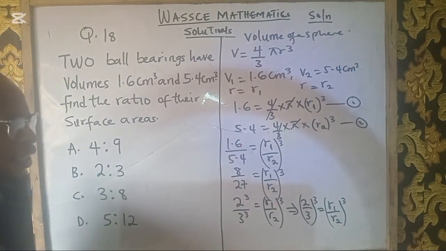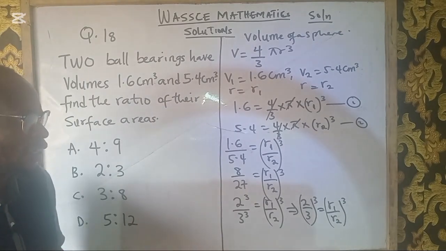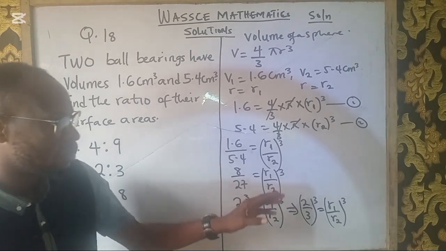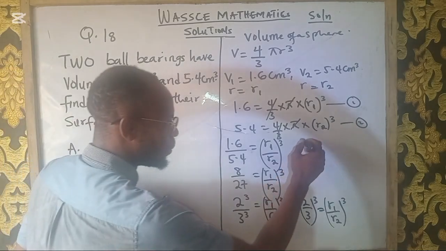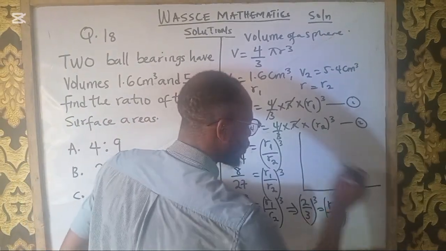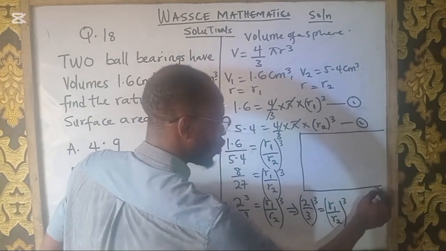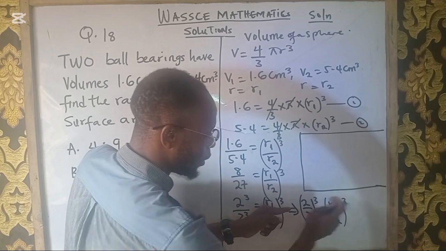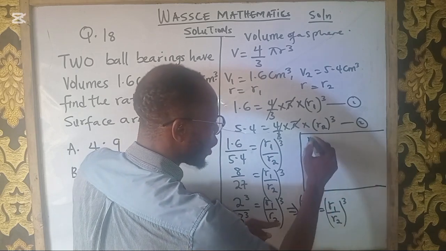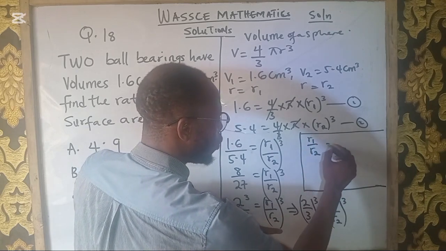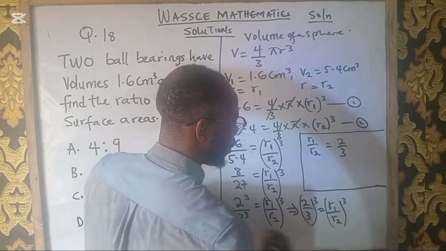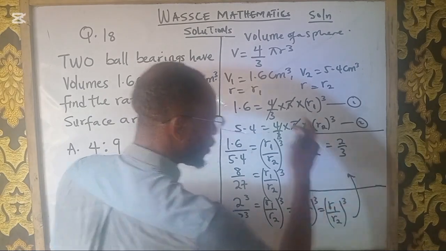Now, since the exponents are the same, according to the law of indices, the two powers can be equated together, then you equate the base. So let me just marry this base for that. Since these powers are the same, R1 over R2 will be equal to 2 over 3. So please refer to this side.